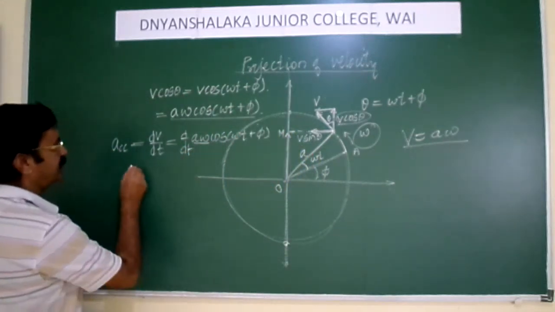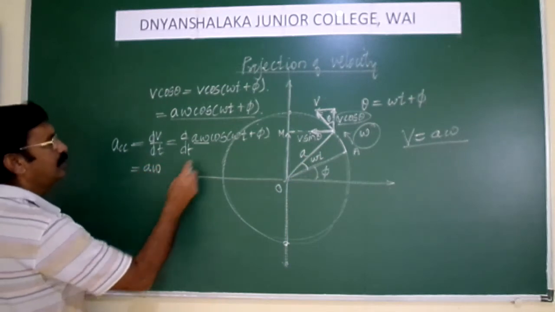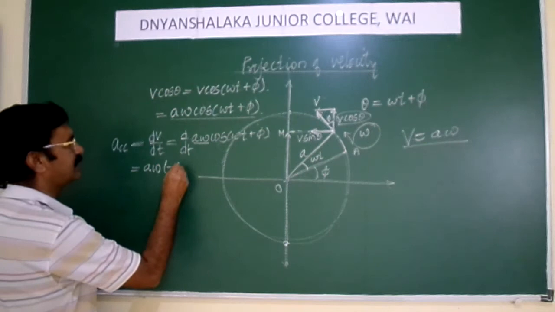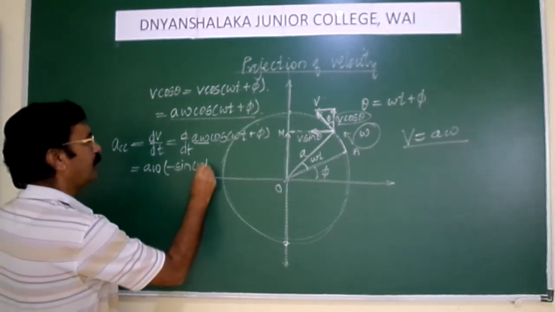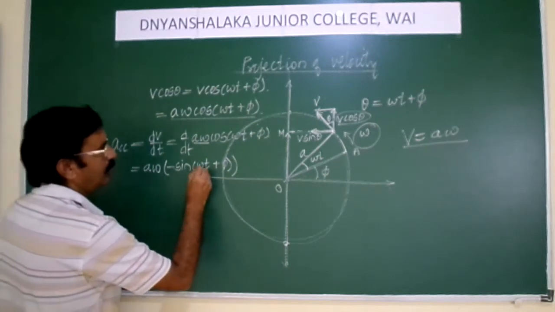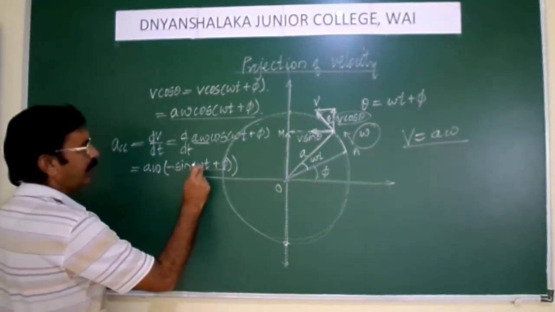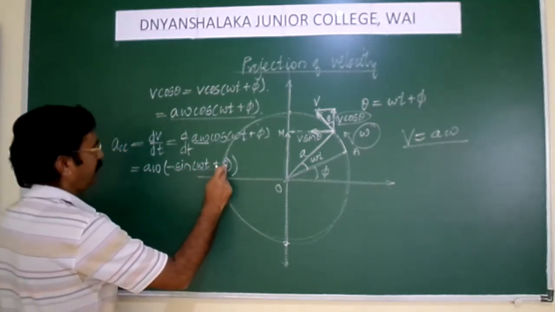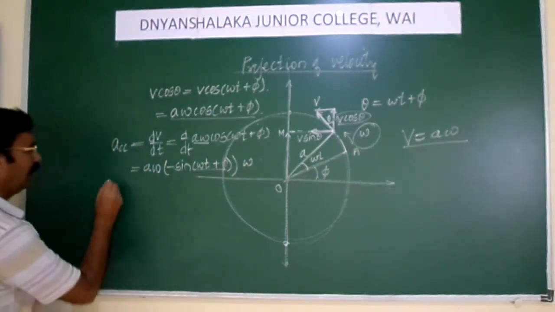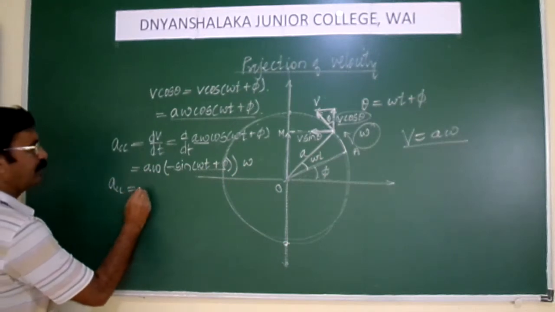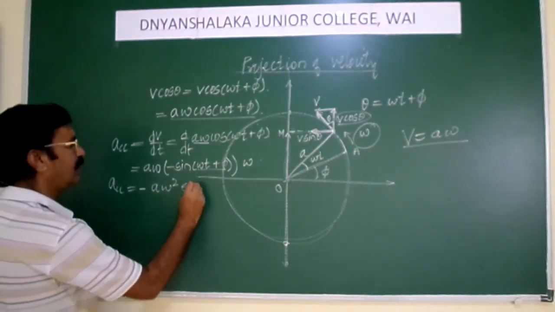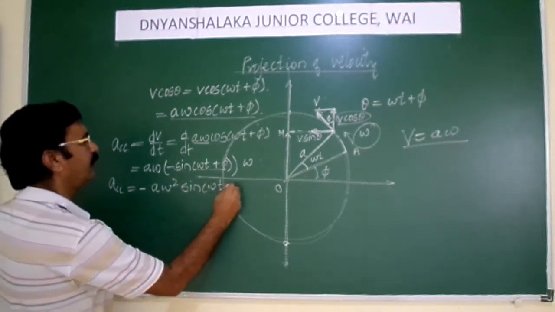a omega is the constant term. The derivative of cos will be minus sine of omega t plus phi, into the derivative of omega t plus phi with respect to t, which will be omega, and so acceleration will be minus a omega square sine of omega t plus phi.